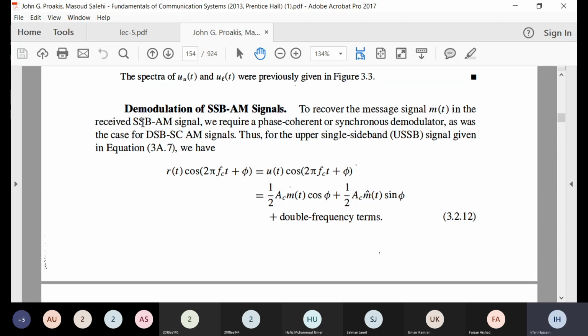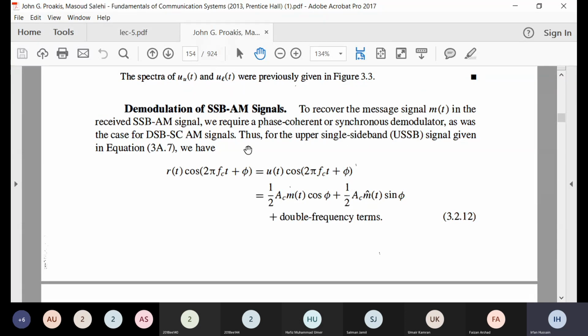It is not like conventional AM where you have a very large carrier, and we have still not added any pilot as was added in double sideband suppressed carrier. So at this point of time, we are just sending and receiving this SSB signal, and we will require a synchronous or a phase coherent demodulator.